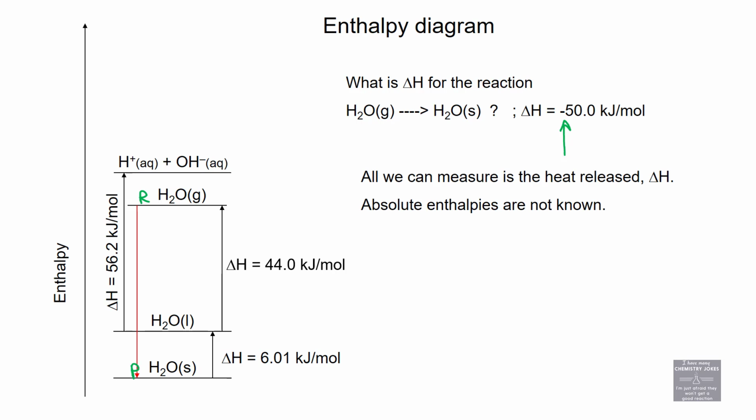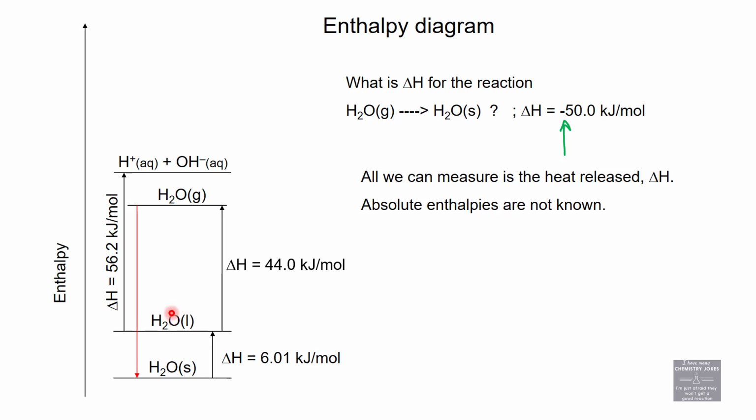Some of what we will work on in this activity is plotting enthalpy plots, and some of what you will need to know is which shelf should be highest and which shelf should be lowest, etc. One big point here is absolute enthalpy values are not known. They're only measured relative to each other.